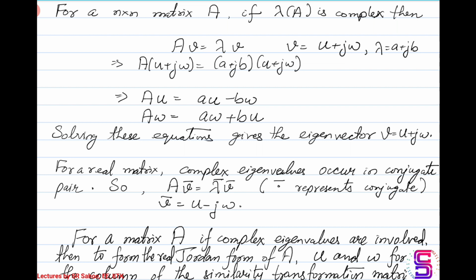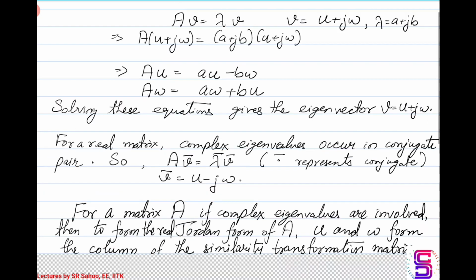Now, if you solve these equations, you will get your U and W, and hence your eigenvector V, which is of the form U plus jW. For a real matrix, because complex eigenvalues occur in conjugate pairs, if you know the eigenvector for the complex eigenvalue lambda, then the eigenvector for the conjugate lambda bar is just the conjugate of the eigenvector that we found for lambda.